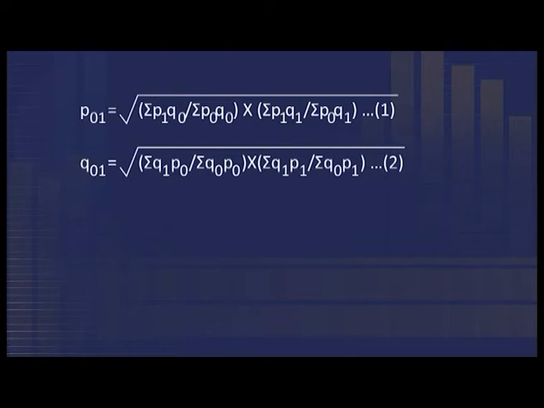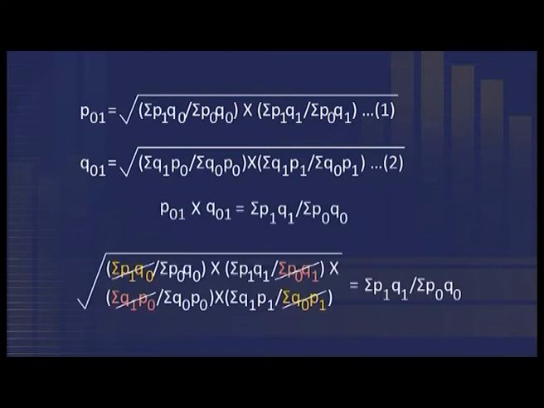we will get the quantity index is equal to the square root of the summation of product of quantity of the current year and the price of the base year divided by summation of quantity and price of the base year multiplied by the summation of the product of the quantity and price of the current year divided by summation of quantity of the base year and current year price.